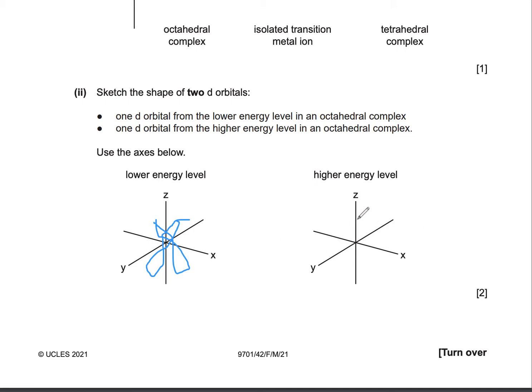Now on the higher energy level, it is on the axis, so it's one over here and one over here. So they're both on the axis. Or we can also draw, so there are two options for this one.